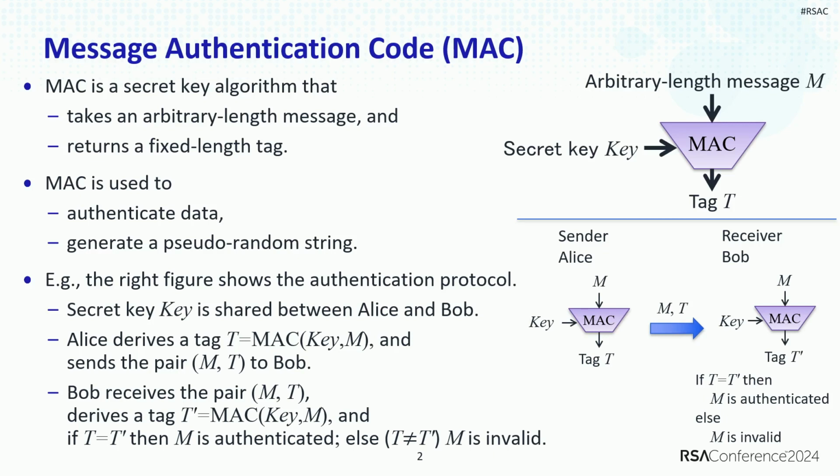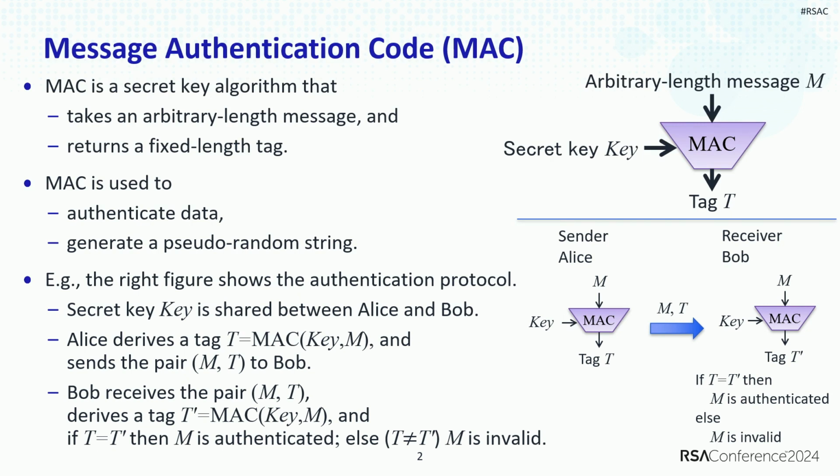For example, the right bottom figure shows an authentication protocol with the MAC algorithm. First, a secret key is shared between Alice and Bob. Alice is the sender and Bob is the receiver. Alice derives a tag by using the MAC algorithm with the shared secret key and a message, and sends the pair of message and tag to Bob.